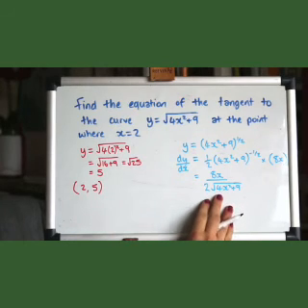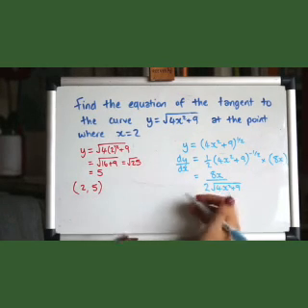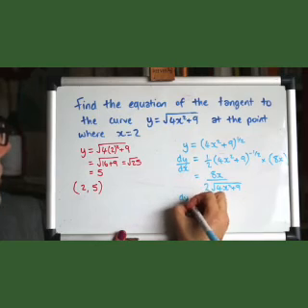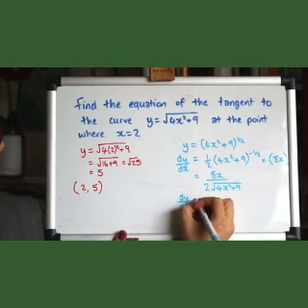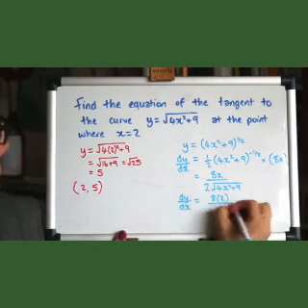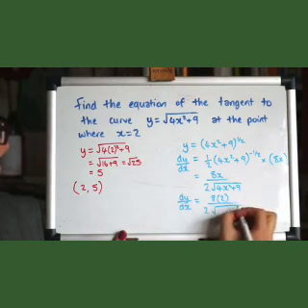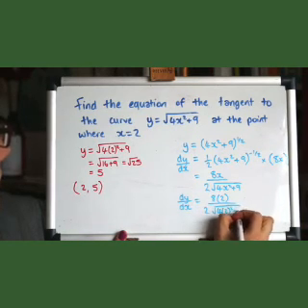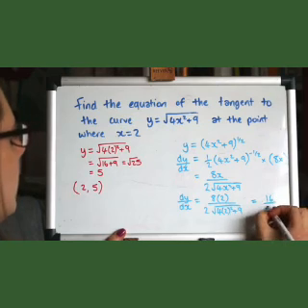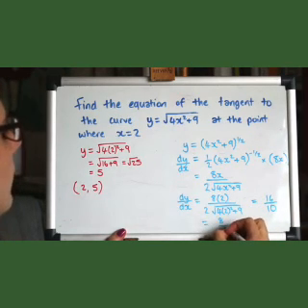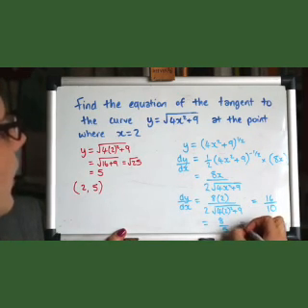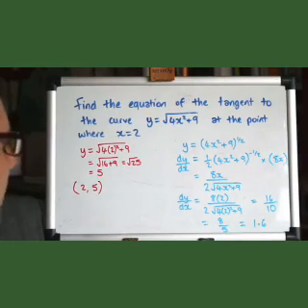Okay, we're wanting to find the gradient when x is 2, so we can find the gradient at that point by putting in 2. Of course you can use a calculator for all of this. And you can either leave that as a fraction, 8/5, or as a decimal, 1.6.